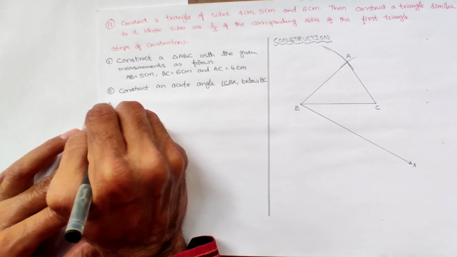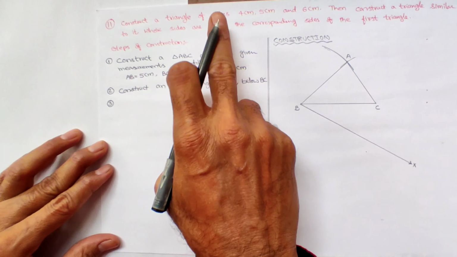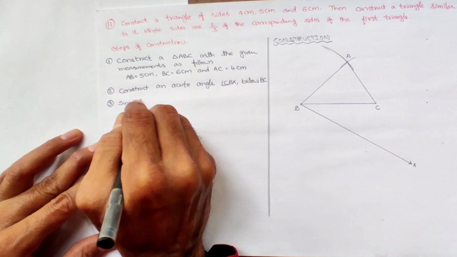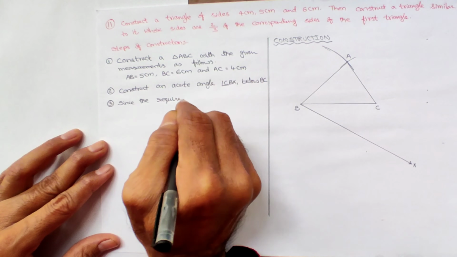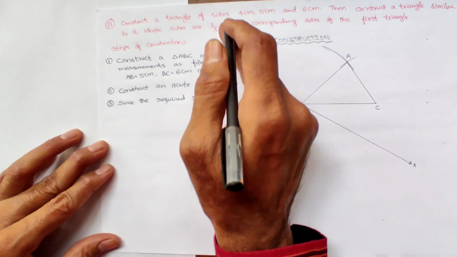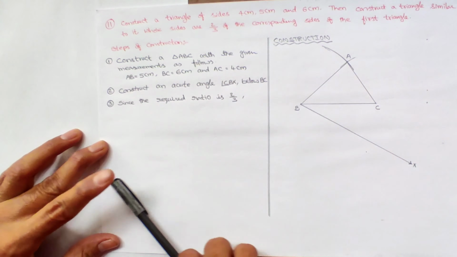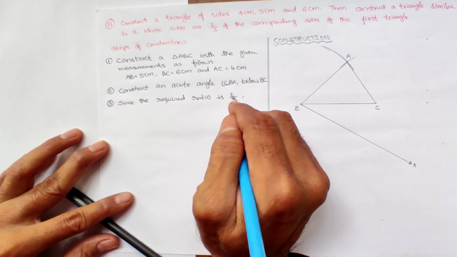Now let us write the next step: let us go to the required ratio. Since the required ratio is 2/3, in these two, which is bigger? 3 is bigger.